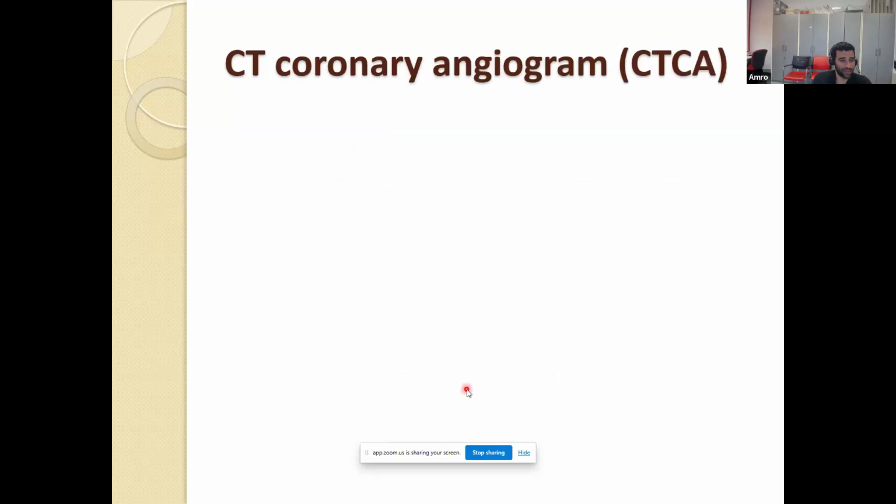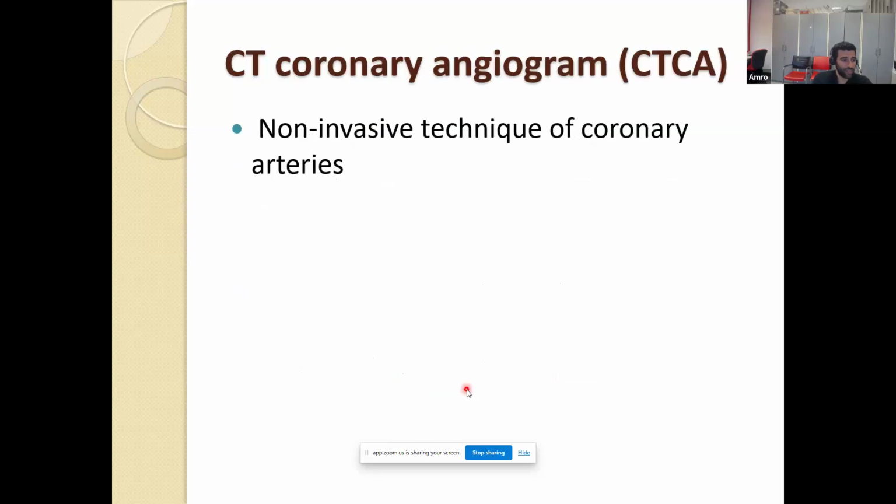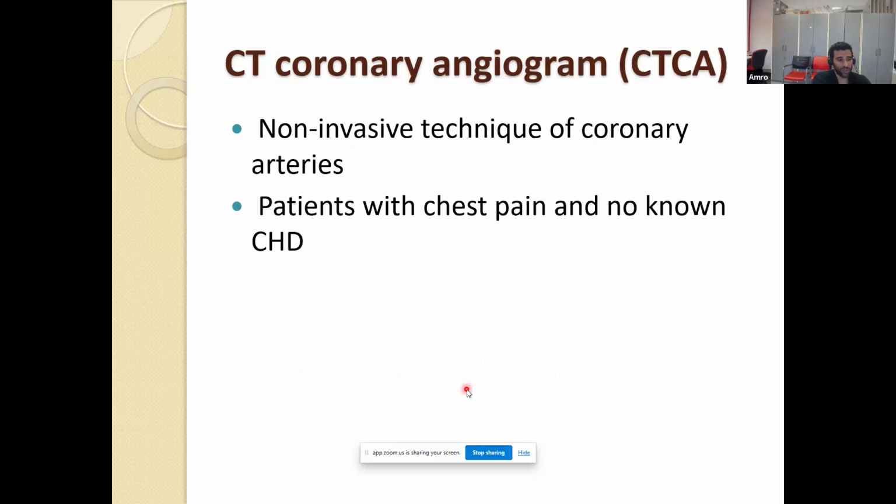So I'm just going to briefly talk about CT coronary angiogram. CT coronary angiogram is another non-invasive technique for imaging the coronary arteries. We use it in those with chest pain. So if you've got someone with chest pain who doesn't have established coronary heart disease, you might want to do a CT coronary angiogram just to see if they have any significant luminal narrowing to explain their chest pain.